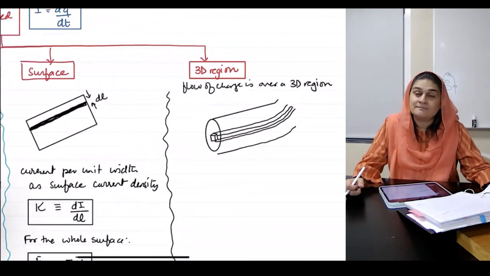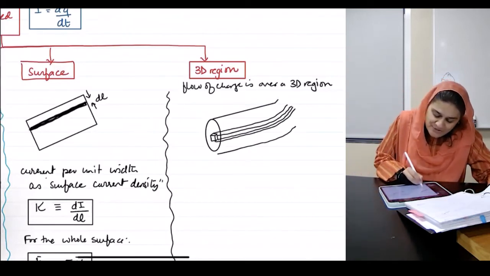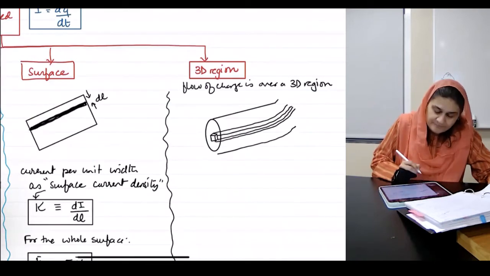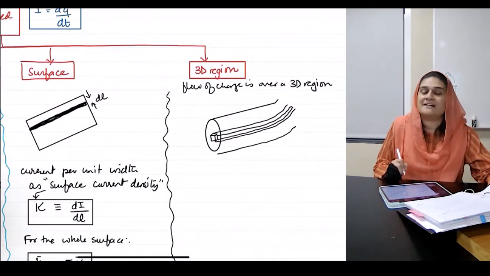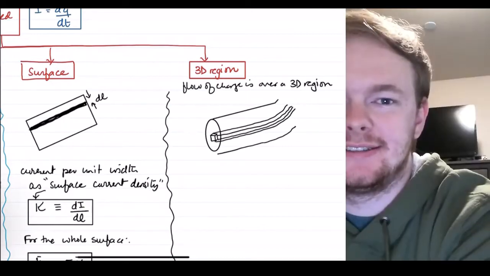So here in the 2D case, we defined it as surface current density. What do you think we'll define that as here? Volume current density.